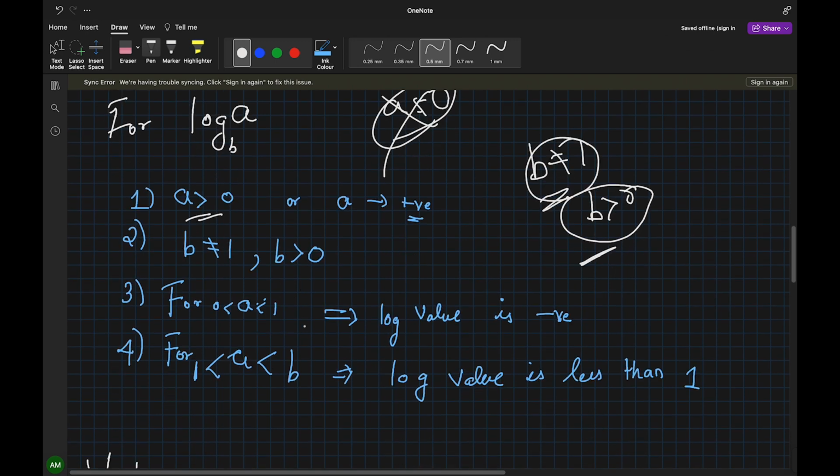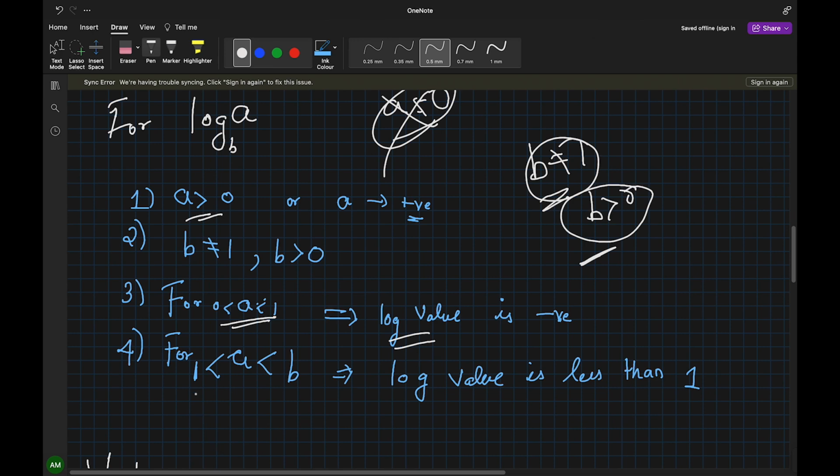Clear? Done. Now, when a lies between 0 to 1, not equal to 0, of course, the log value is always negative. Clear? Log value will be negative.